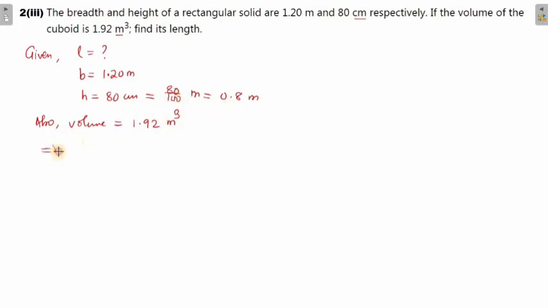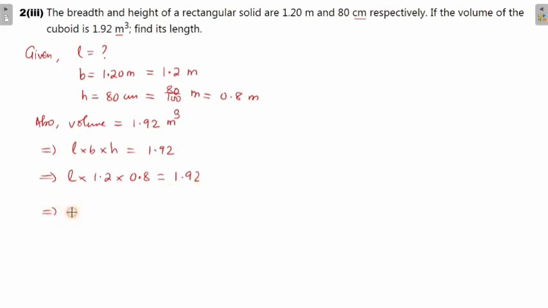Now again the strategy is the same. Volume is L into B into H, which equals 1.92. Let's put in the values. L we don't know. B is 1.20, or you can write this as just 1.2 meter. So we have 1.2 into height, which is 0.8, and this is 1.92.